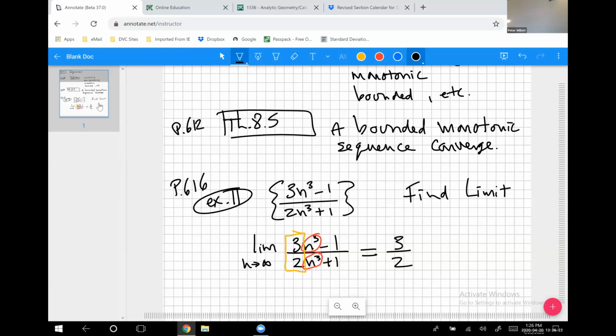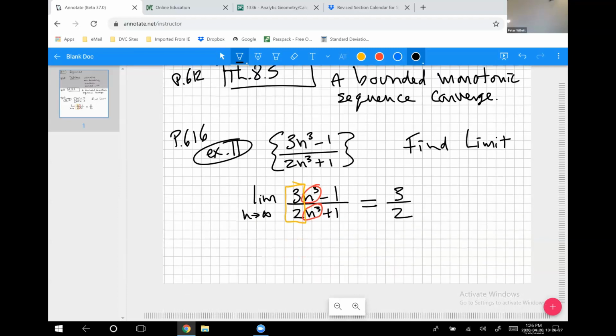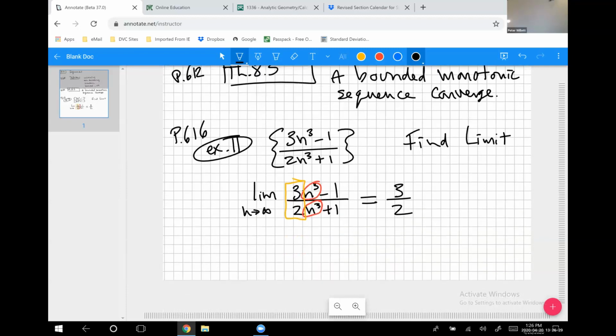Okay, so in this case, we found the limit. In some sense, we are just reminding ourselves of some limit skills from chapter 2, but doing it in the context of recognizing that this is a sequence. Just to remind ourselves, because what we just did looks like stuff we did a long time ago, what is this sequence? I would plug in numbers for n and see what I get.